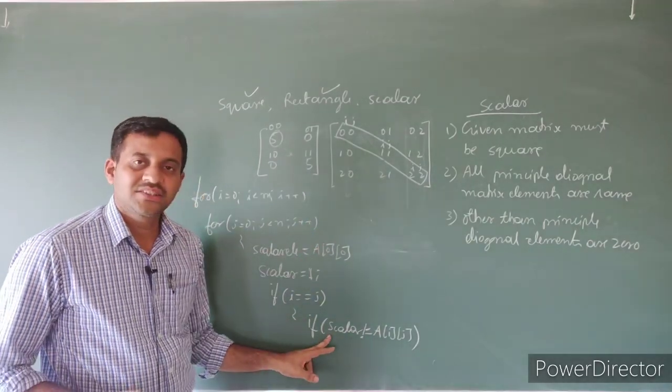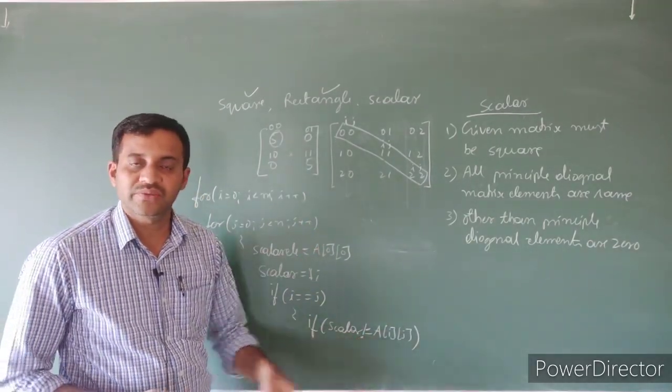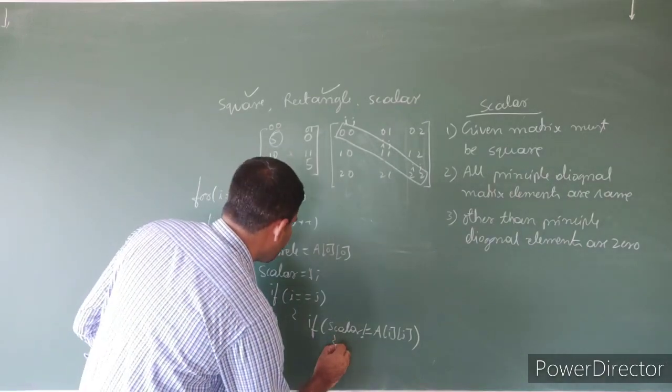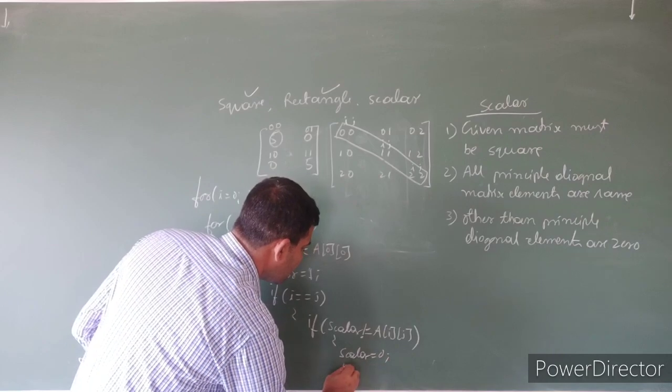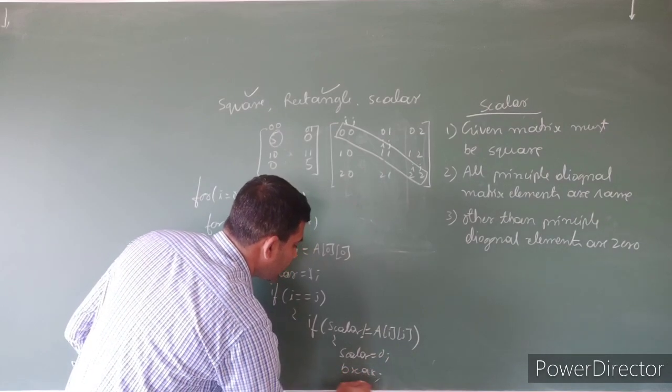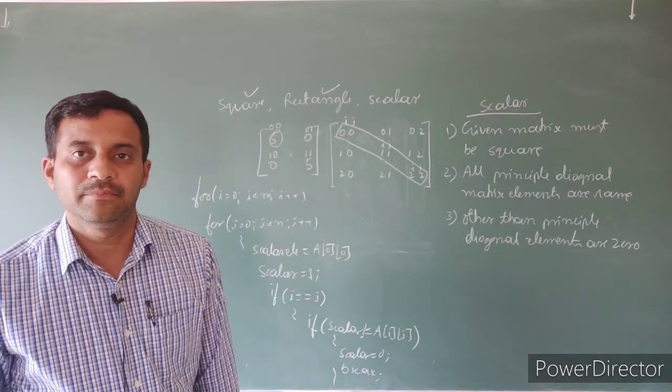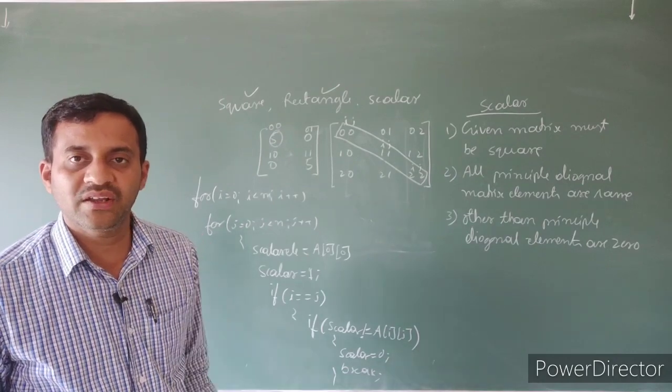Here we verify that scalar element is not equal to a of i j, then our assumption is wrong. We have to modify: scalar equals 0, then break. What is the purpose of break?